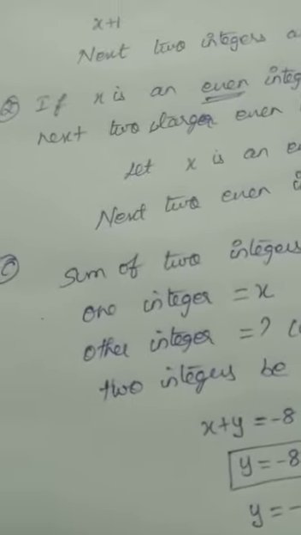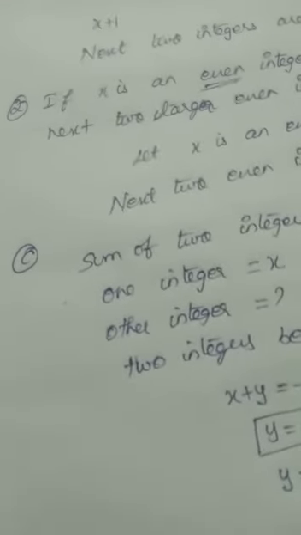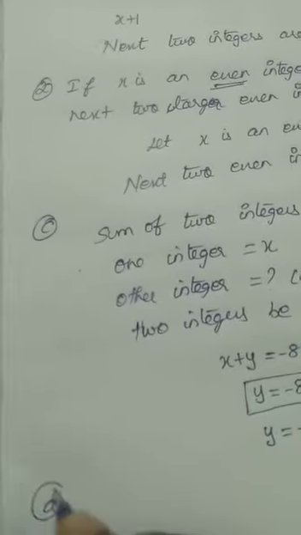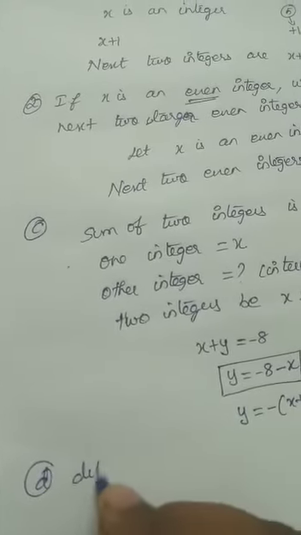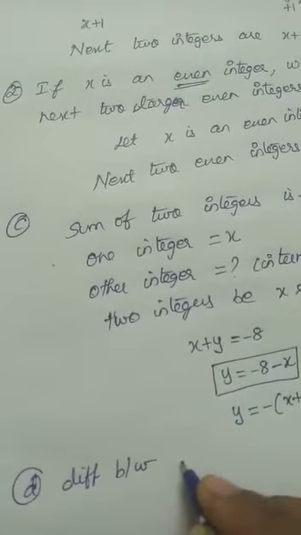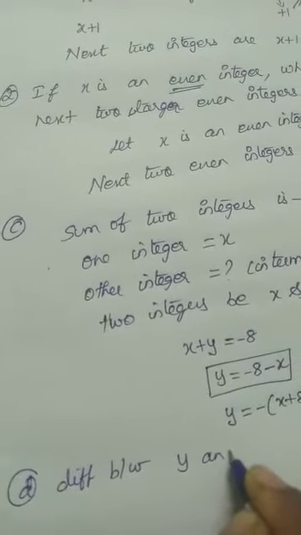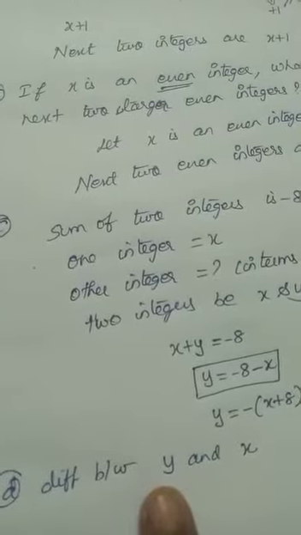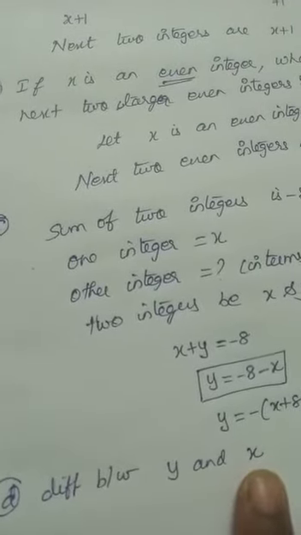And your D option is: the difference between a number y and another number is 20. Difference between two numbers. What are the two numbers? y and the other one. The other one, let me take x. y is already given, and the other one I have taken as x.